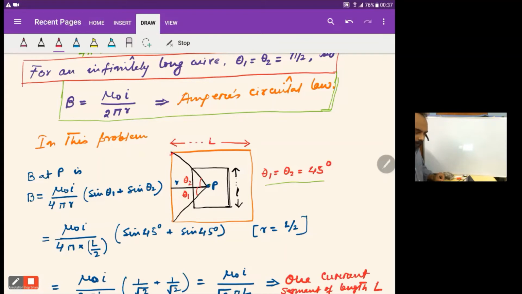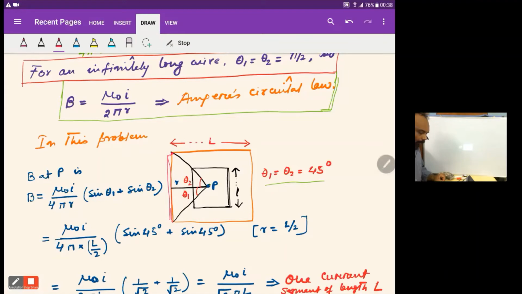So this is our one segment. So B at P is given by mu 0 I by 4 pi r times sine theta 1 plus sine theta 2. Here r is the distance of the point P from this line segment. So this r is nothing but half of capital L, that is L by 2.